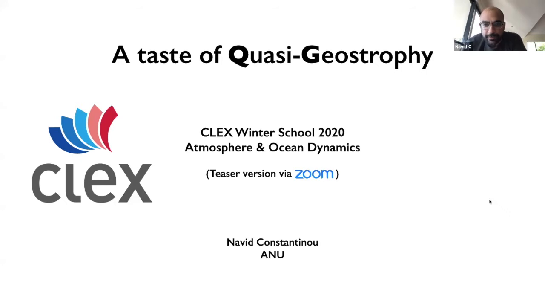Here it is. Okay, so what I wanted to discuss a bit with you is to give you a teaser version of what is quasi-geostrophy, which was mentioned both by Marty and by Annie a bit today. It's when flows are in almost geostrophic balance, but not quite, and they're allowed to evolve. So that's what I want to try to give you the gist of.